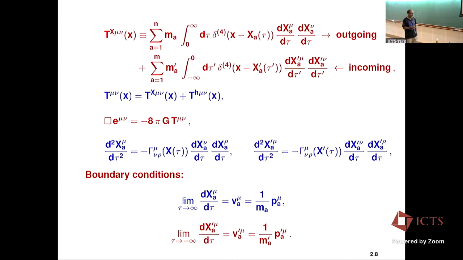What we are doing here is we put initial conditions for the incoming particles, but final conditions for the outgoing particles. You see here, we are specifying both the incoming momentum and the outgoing momentum.